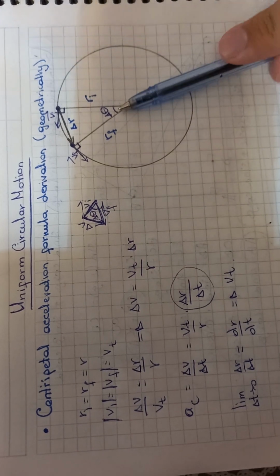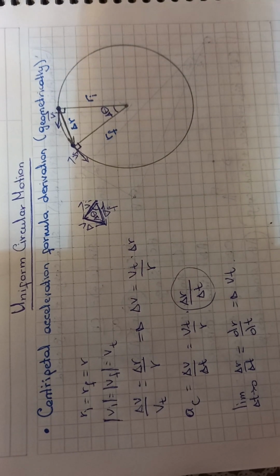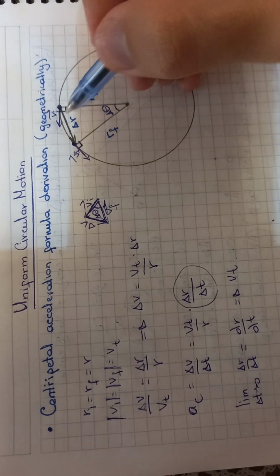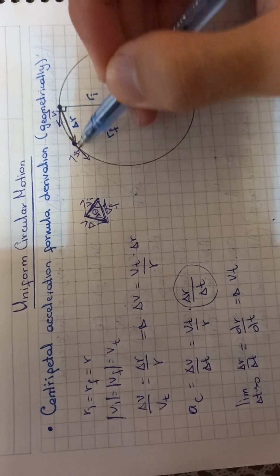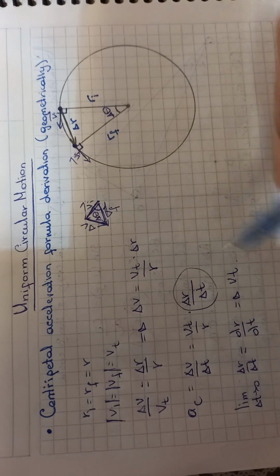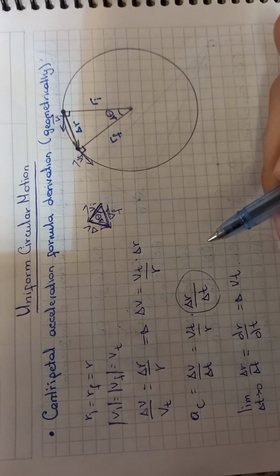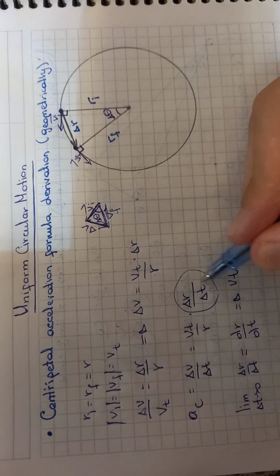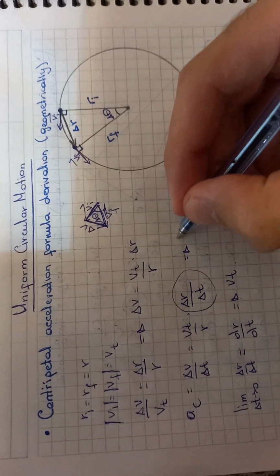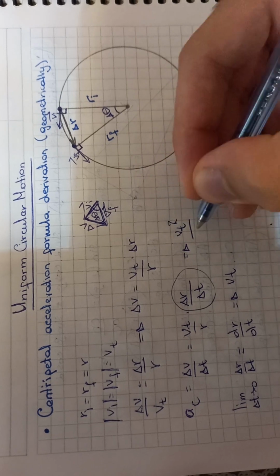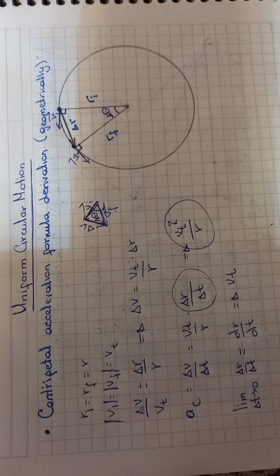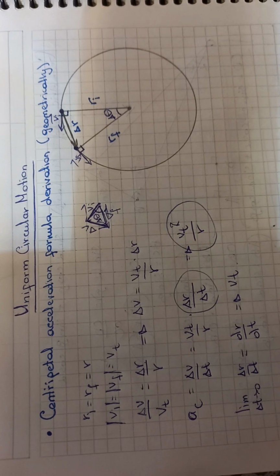So if we decrease this angle as much as possible, to an infinitesimally small number, then this delta r over delta t is going to be equal to tangential velocity. So we can replace this here with tangential velocity, which will give us tangential velocity squared over r. And that is how we get the formula for centripetal acceleration in uniform circular motion.